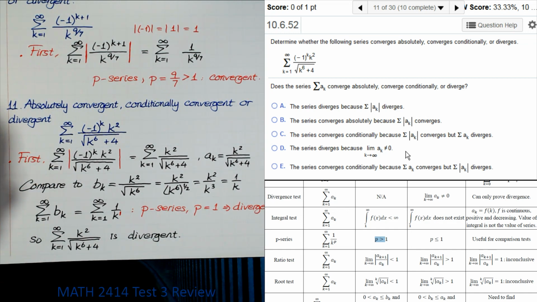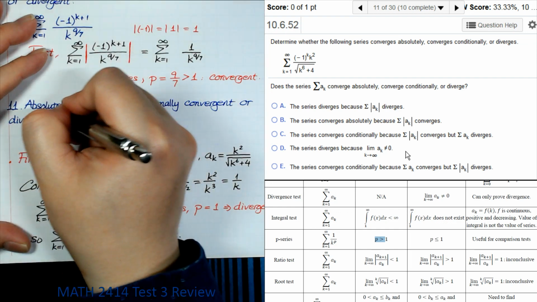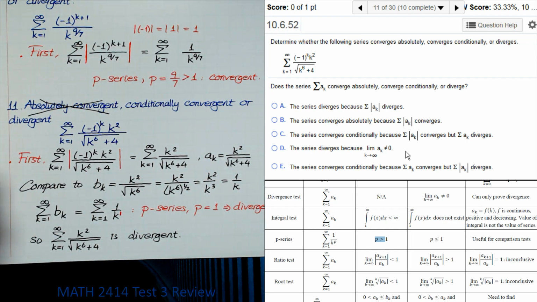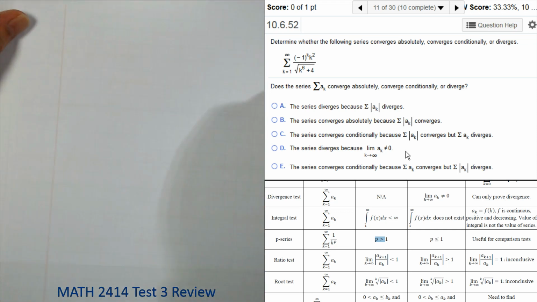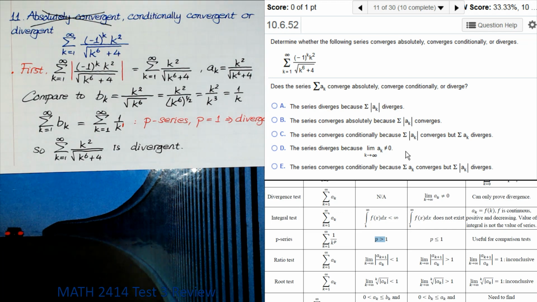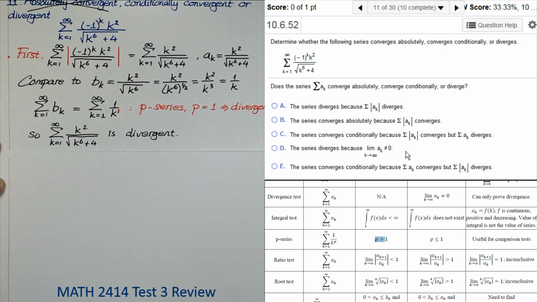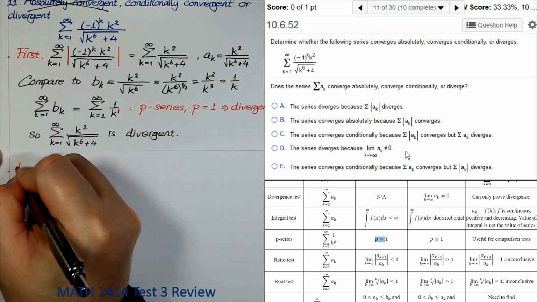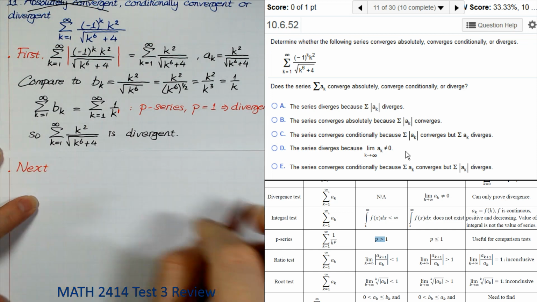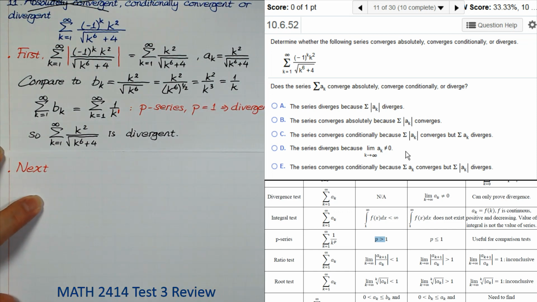Now, all we can say is this is not absolutely convergent, because with absolute values it is not convergent. And then we have to do it without the absolute values. Just go ahead and do it.